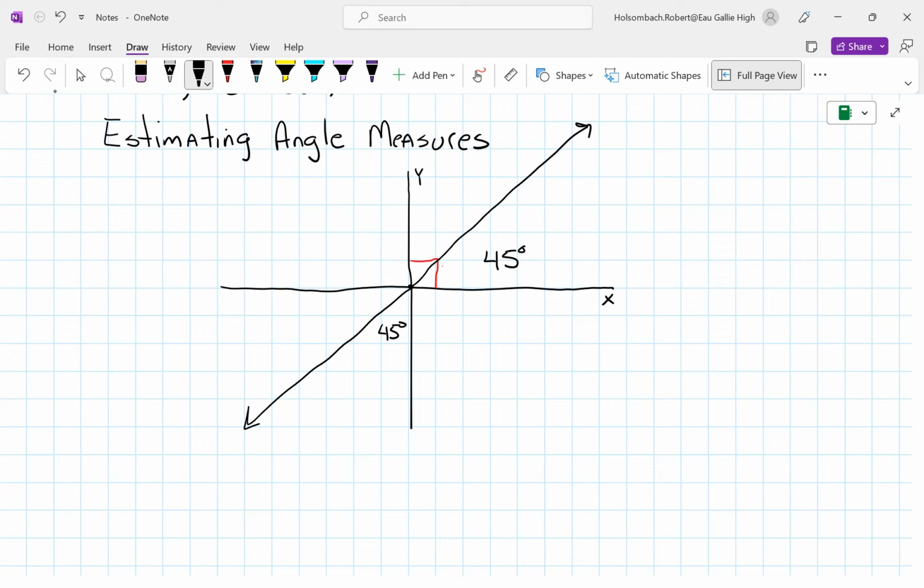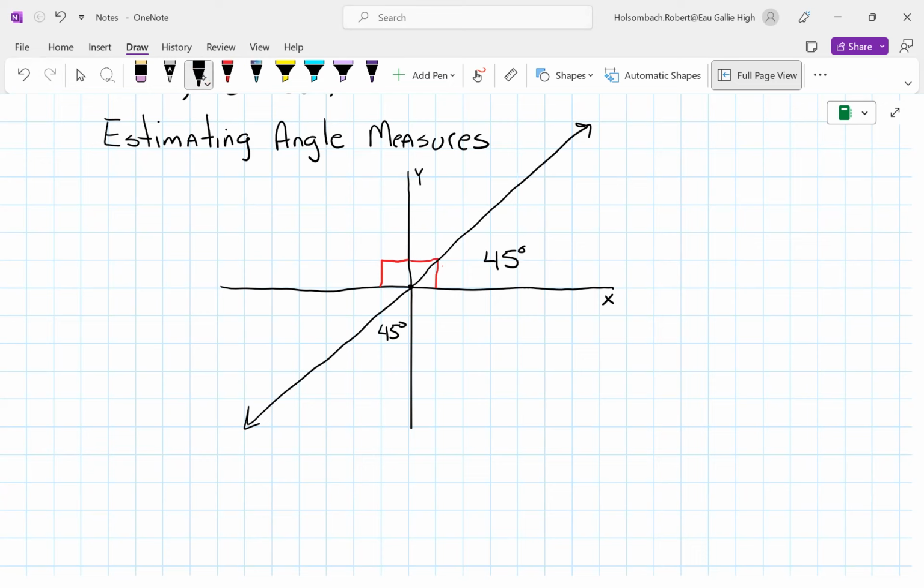Now, if I were to split those in half, aren't they just going to be half of 45 each? So now we're down to 22-degree angles. On the left-hand side in quadrant 2 here, this angle is also 90 degrees.